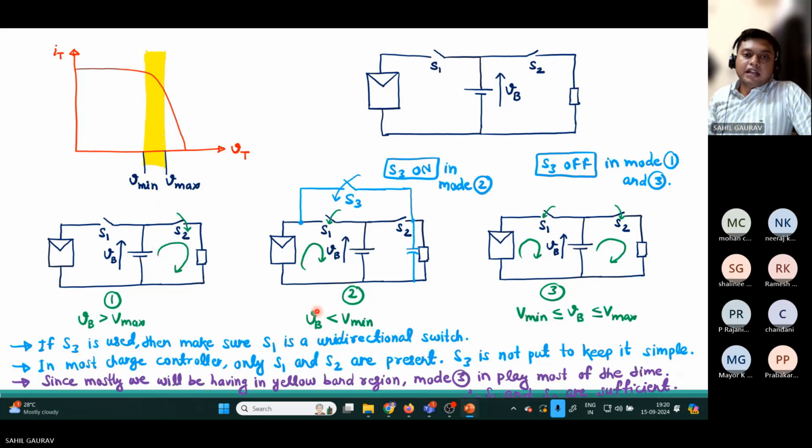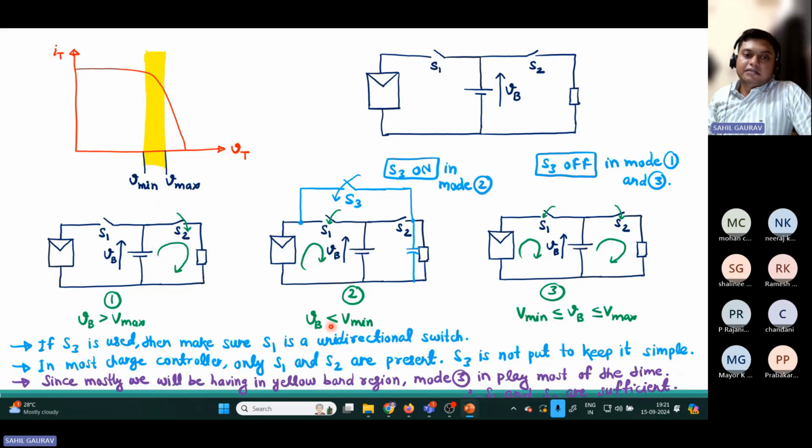And if S3 is used, then this battery should not provide power to this load. So in order to make S3 on, we have to make sure that S1 is the induction switch.